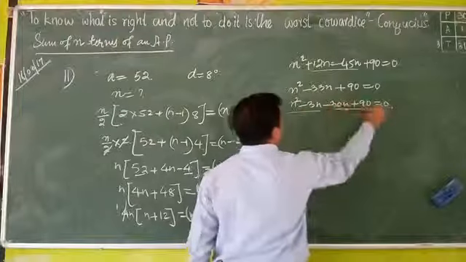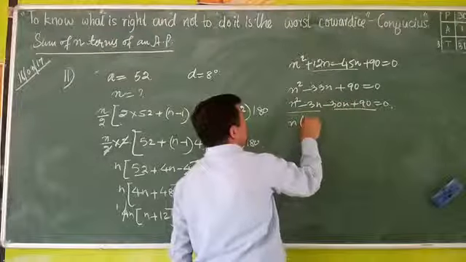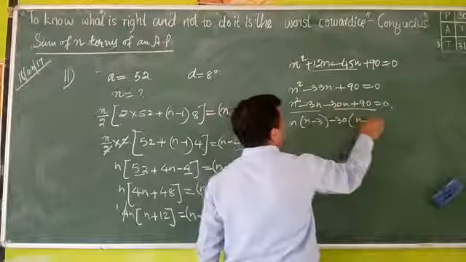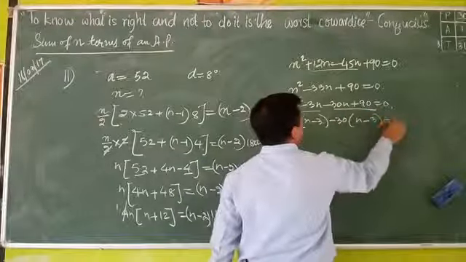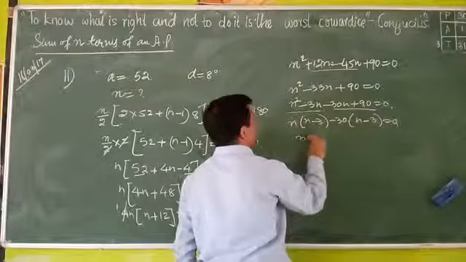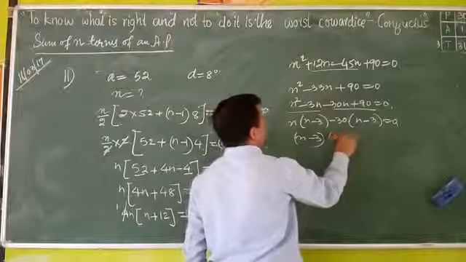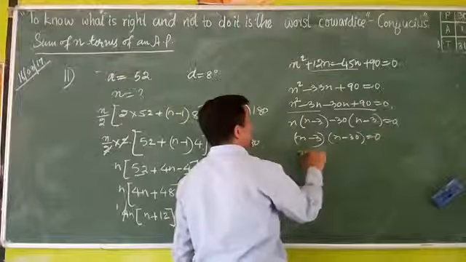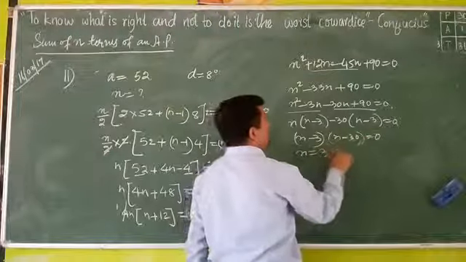Now we can do grouping. This is n(n minus 3) minus 30(n minus 3) is equal to 0. This is (n minus 3) and then (n minus 30) is equal to 0. Therefore, your answer is n is equal to 3 and 30.